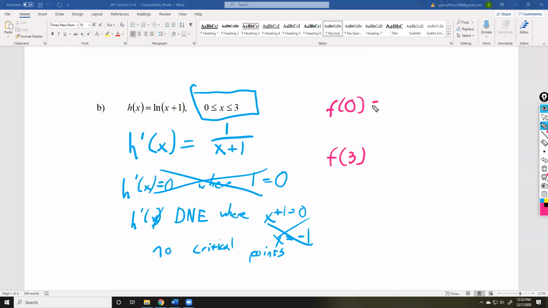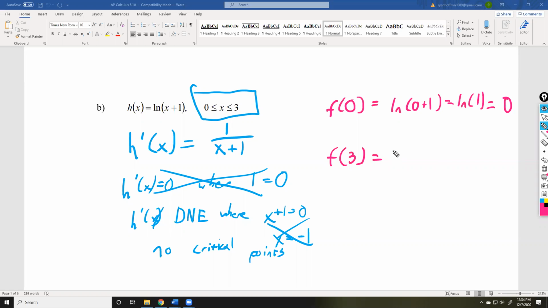f of 0 is going to be the natural log of 0 plus 1. So that's going to be the natural log of 1. And you should know that natural log of 1 is asking e to what power is 1? What exponent do I need to put to get the answer to be 1? And that is 0.